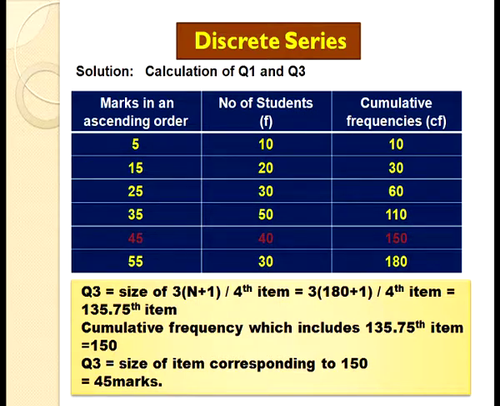Now we look this value into the cumulative frequency. You can see I have highlighted the whole row. It comes into 150. Now we look for the corresponding item value, that comes to 45. So Q3 is 45 marks. So students, we have learned how to compute Q1 and Q3 in case of discrete series.